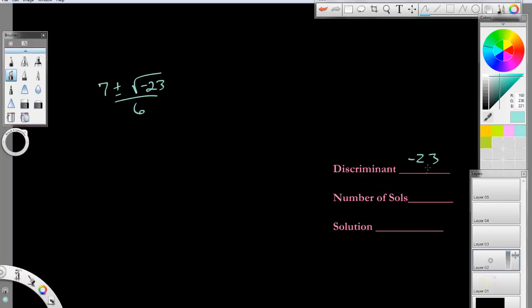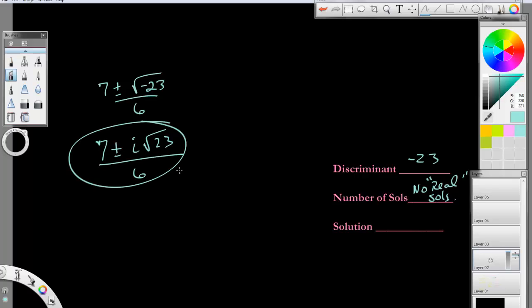If the discriminant is negative, you have no real solution. So you would say no real, and that I'm talking real number, solutions. But as far as solving it, this wouldn't quite be finished yet, because you should call this 7 plus or minus i radical 23 all over 6. That would be your final answer.